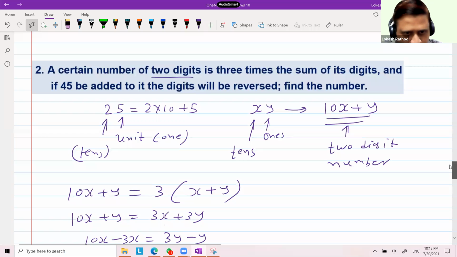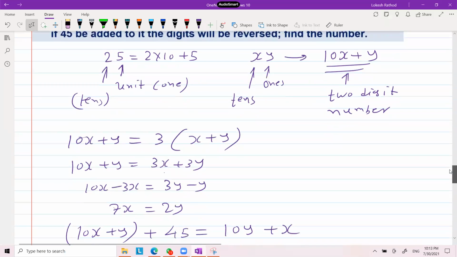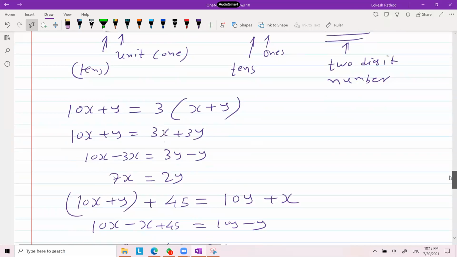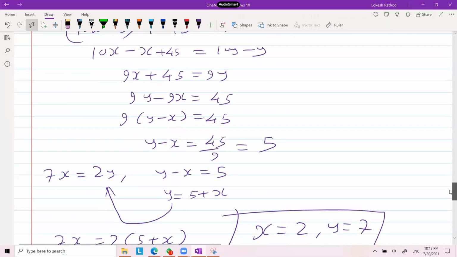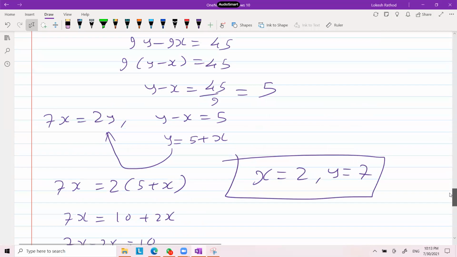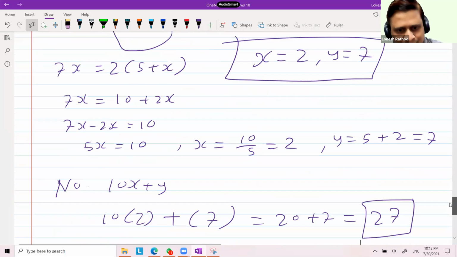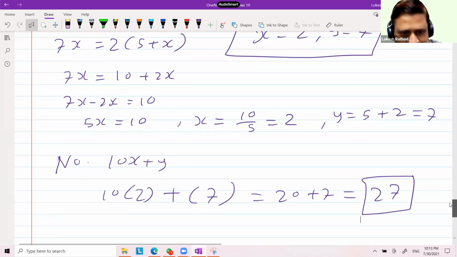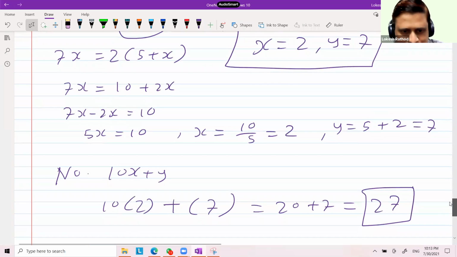This question is basically an introduction for that, correct? How to solve two equations in two variables. Are you getting this? Anyone having any doubt? Yes. Should I move ahead? Yes, it's clear. Okay, fine, great.